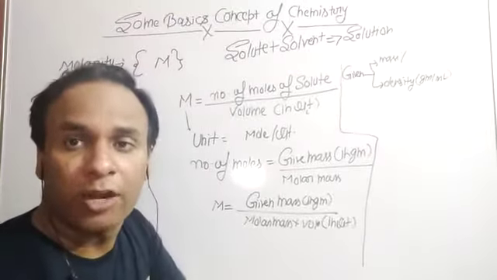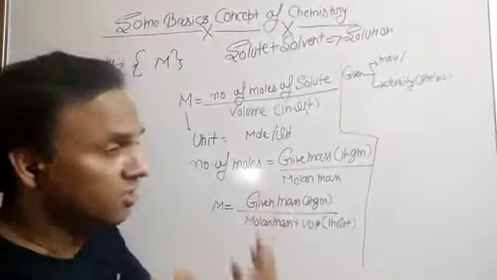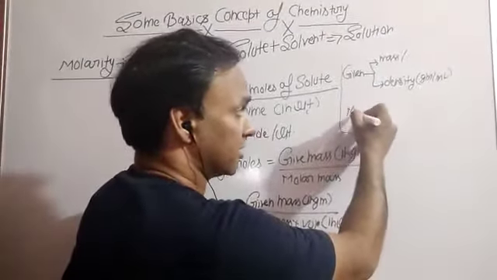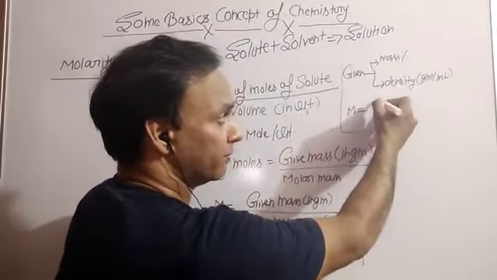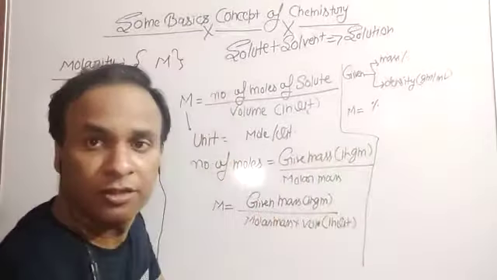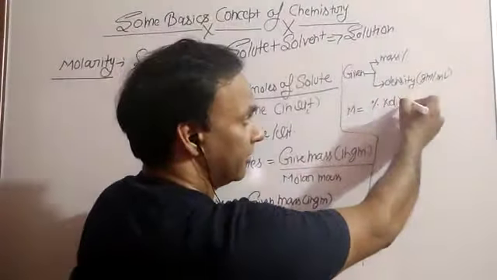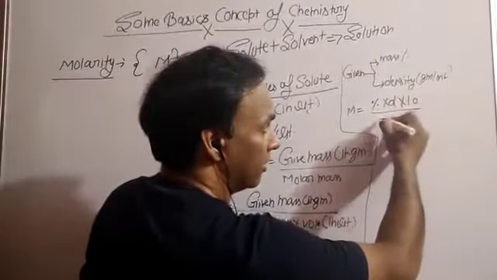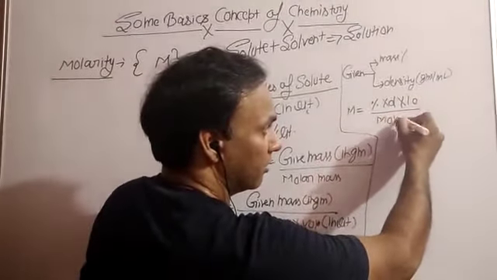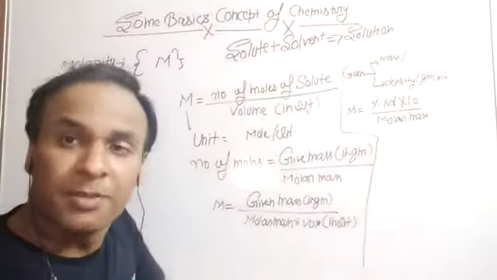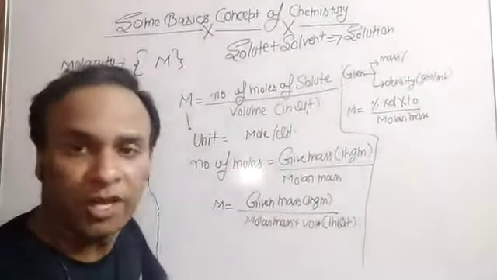Then how will you calculate the molarity? In such a condition we use the direct method. The molarity is equal to mass percent, whatever is given, into density into 10 upon molar mass.